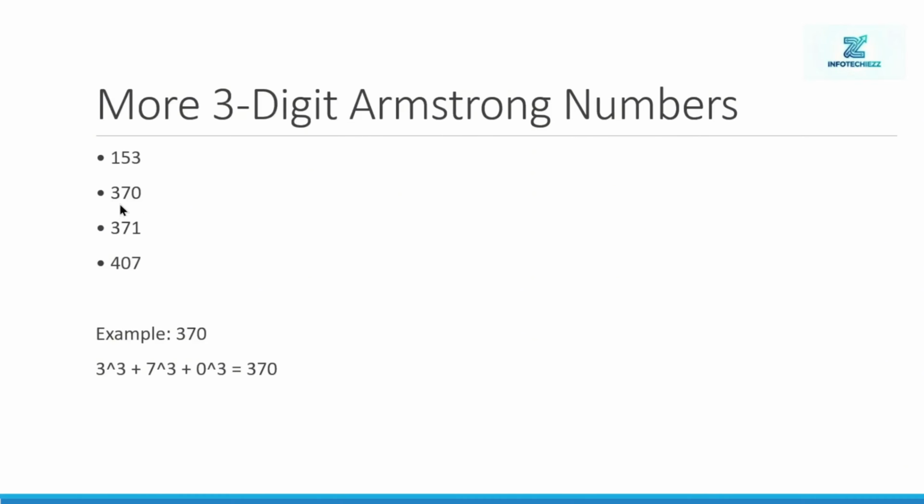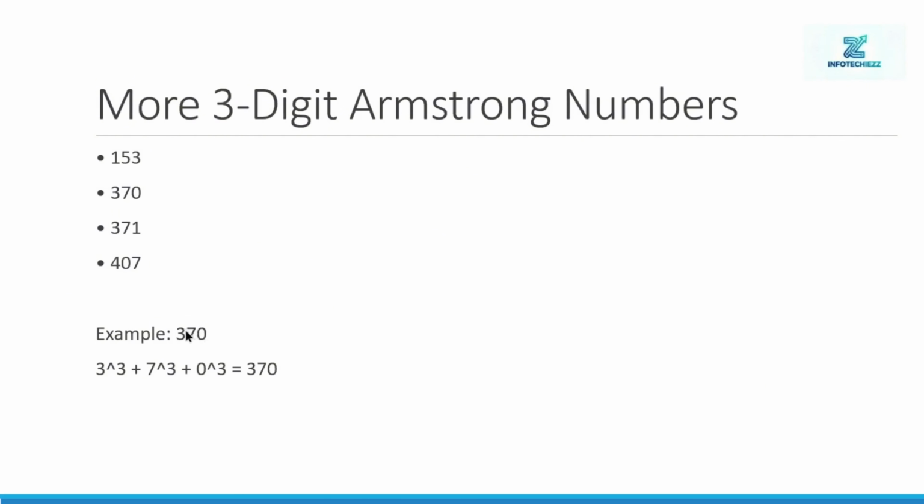So let's take 370. For 370 also we have three digits, right? If we take 3 cube, we get 27, and 7 cube, we get 343, and 0 cube, we get 0. So if we add this, what will we get?